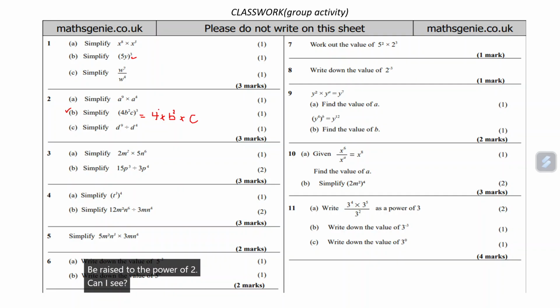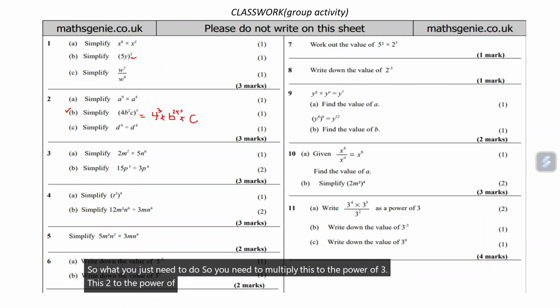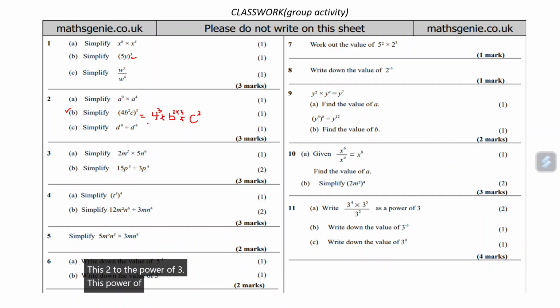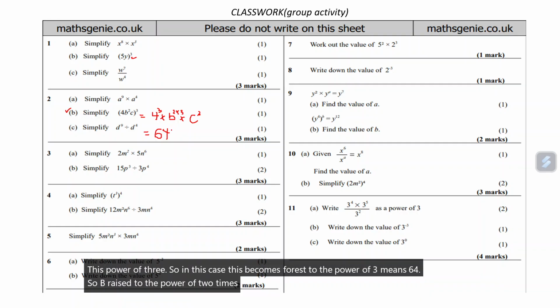So what you just need to do is multiply each by the power of 3. So in this case, 4 raised to the power of 3 means 64. b raised to the power of 2 times 3 will give us b to the power of 6.